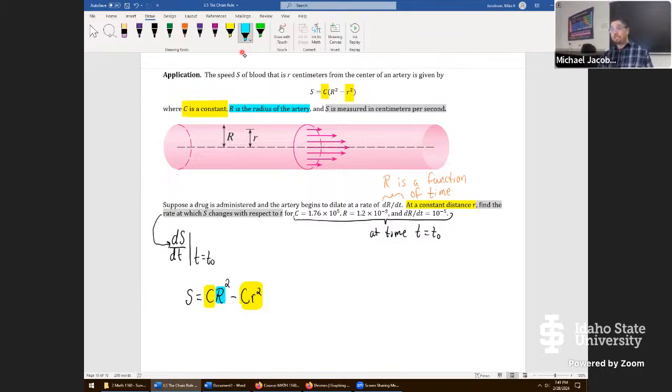Differentiating this is really tricky. Let me show you why. This R is a function of time. There's a legitimate function inside there. That means R is the inner function. This is not just your ordinary variable. It's really something like this: R equals r of t, some other function of time itself.